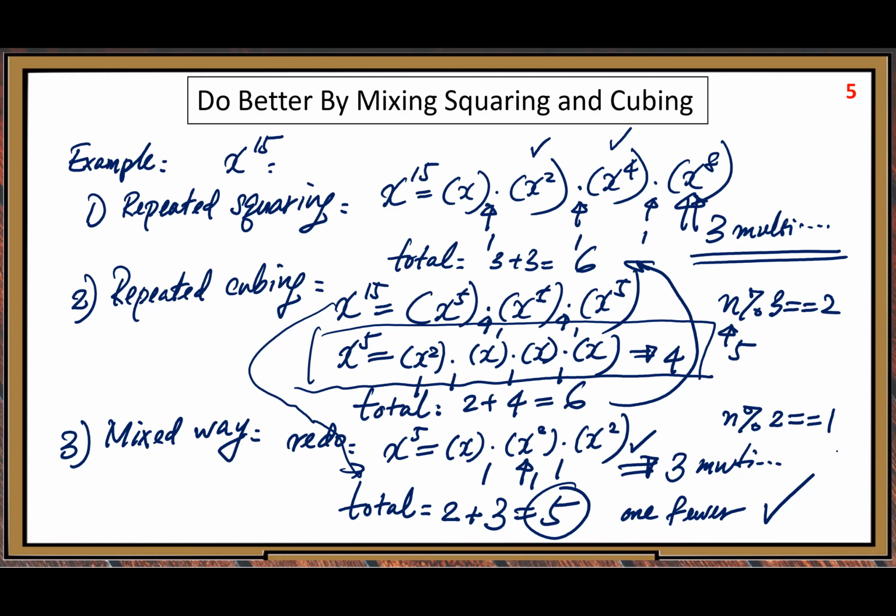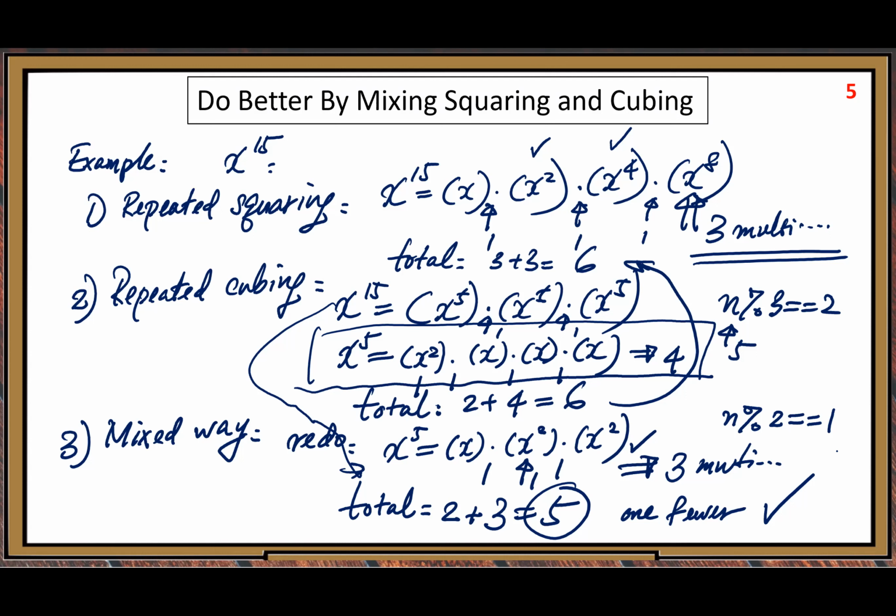And this is a mixed way. The first time we do the cubing way, the first split we use the cubing way. But our second split, we do the squaring way, squaring split. That's the mixed way.